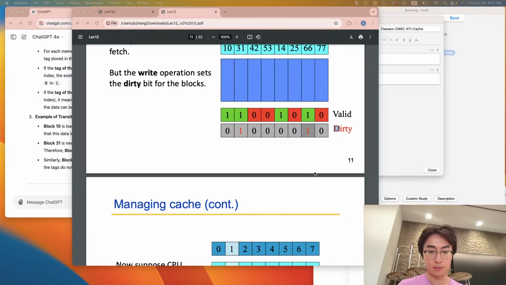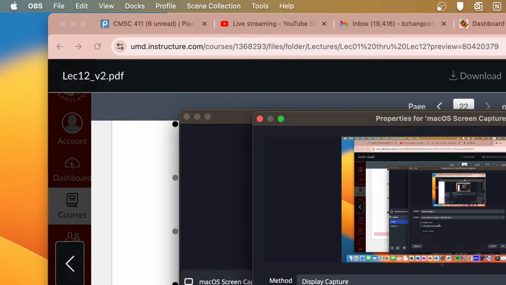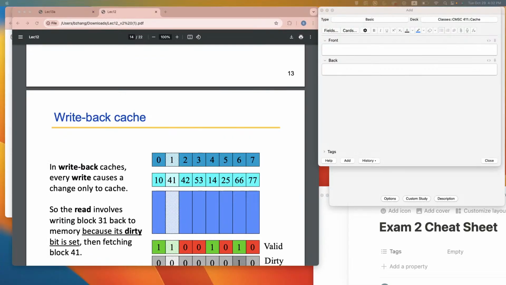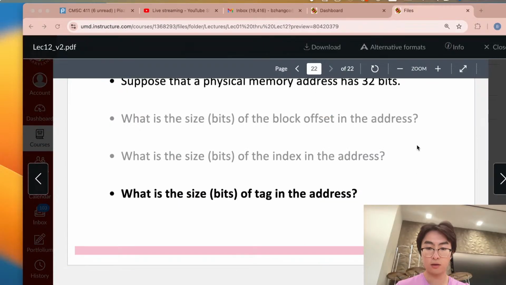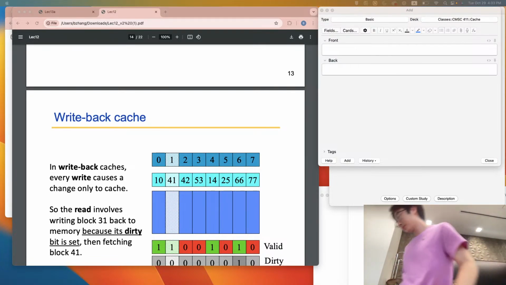Okay, let me see. Mac OS screen capture. Nice. Okay. Alright. Oh wait, I need to delete this one. There we go. Can I go use the bathroom real quick? I'll be back in a sec.